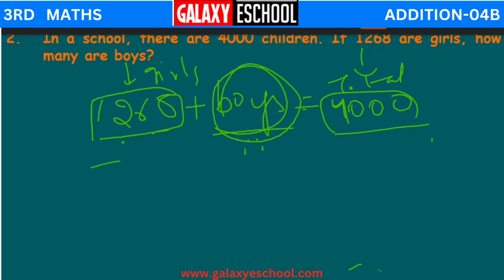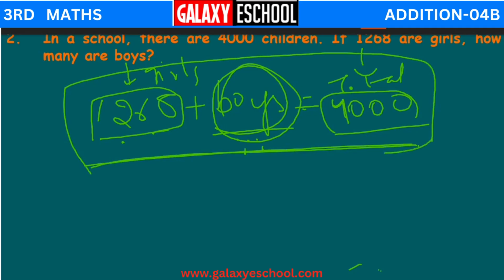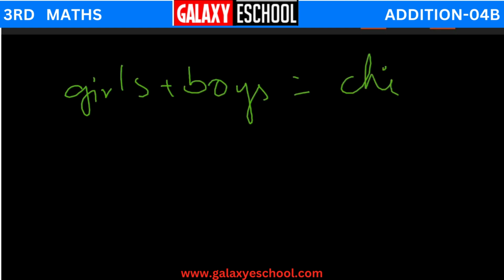Now whenever such a question is given, you can write the question in the form of this equation. Number of girls plus number of boys will give us the total number of children.